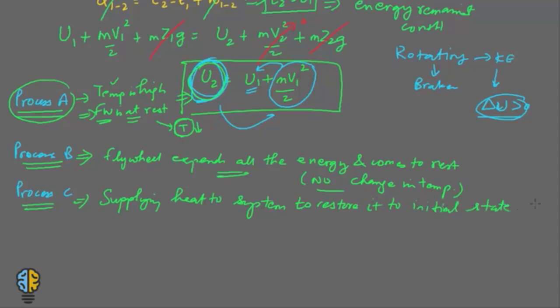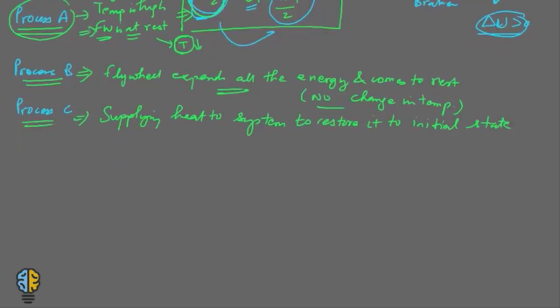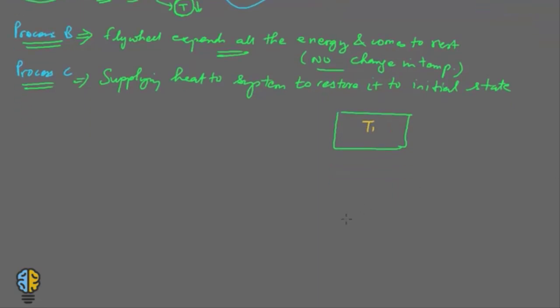Now, how do we depict this in the form of a diagram? Let us say the system, that is your brake and the flywheel, is this, and in process A it is at high temperature, so I can say that it is at temperature T1, and there is another source which is at T2. We always assume that T1 is higher than T2. At this instance, this system is at rest and the temperature is high, so it starts to move.